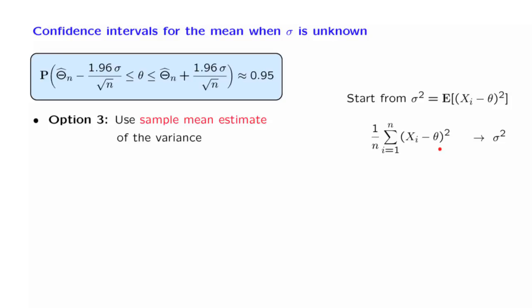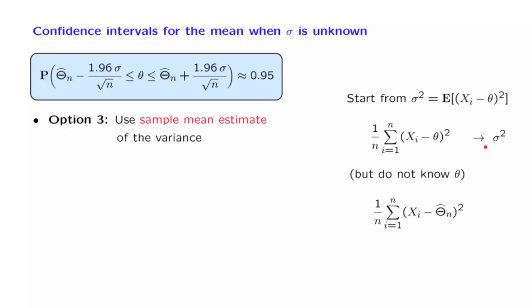But there is a catch. This expression here involves the mean of the random variable, and this is something that we do not know. So what can we do? Well, we have an estimate for the mean, so we could just plug in that estimate instead of the true value, and this gives us this alternative expression. Now, as n increases, this sample mean converges to the true mean, so this expression here will become closer and closer to this expression.